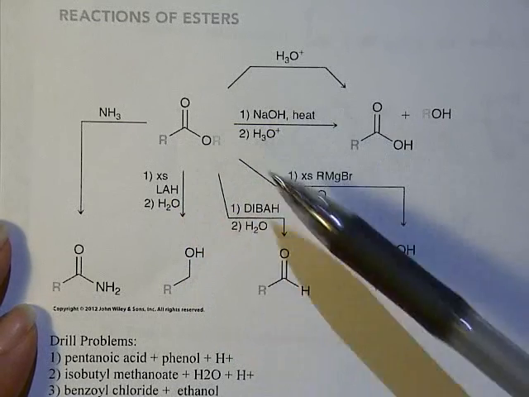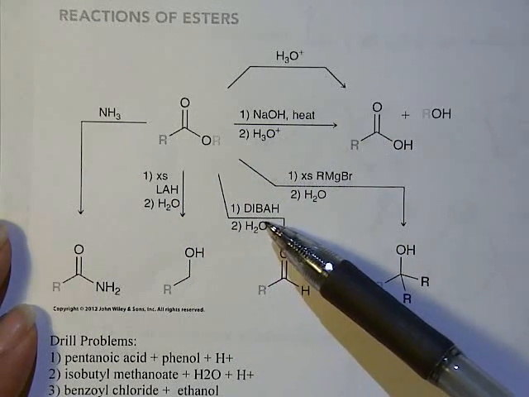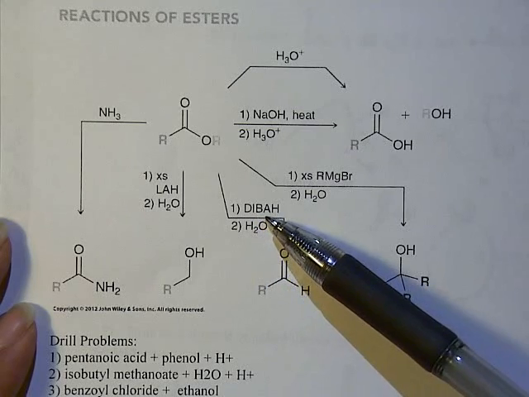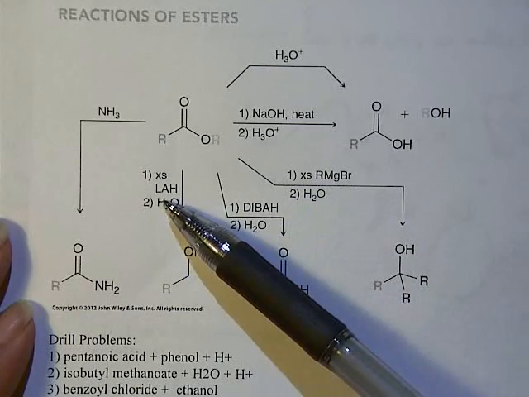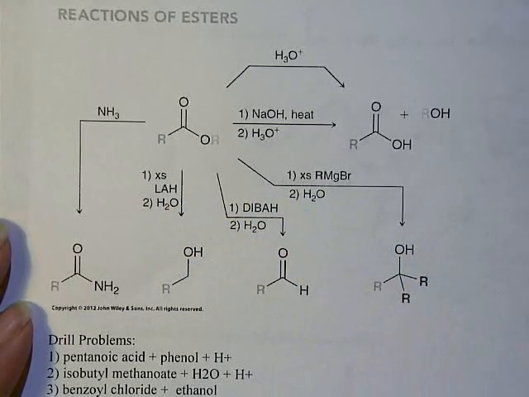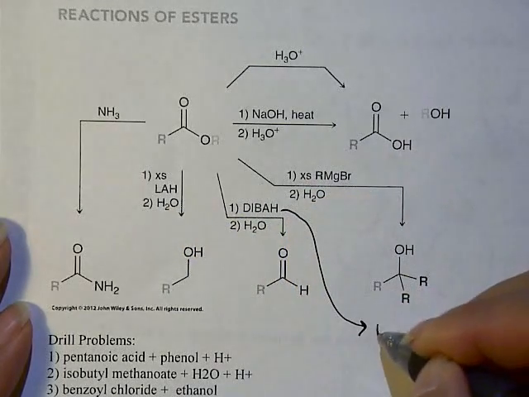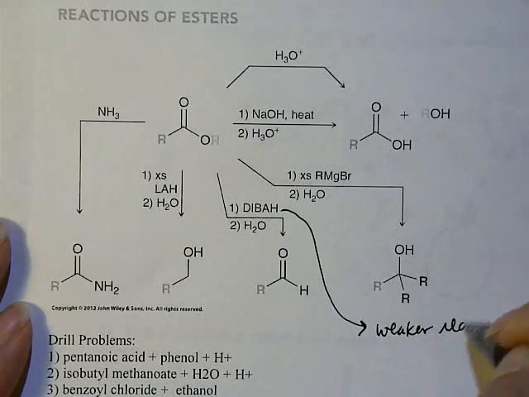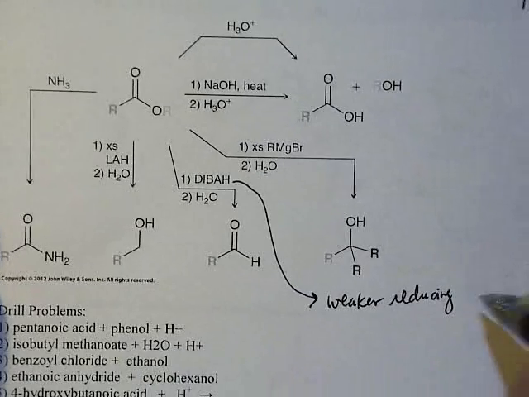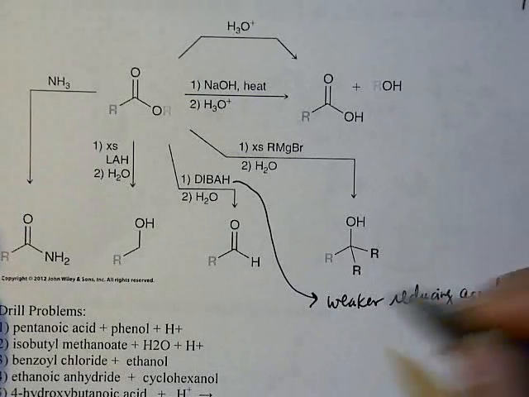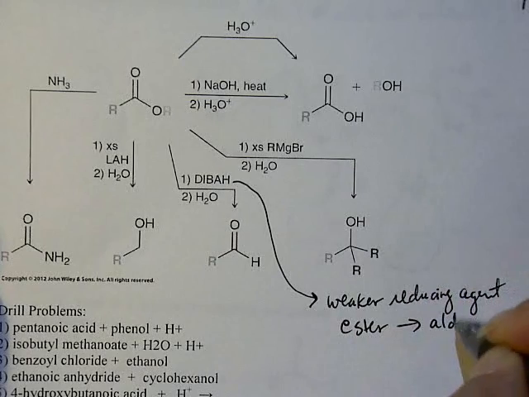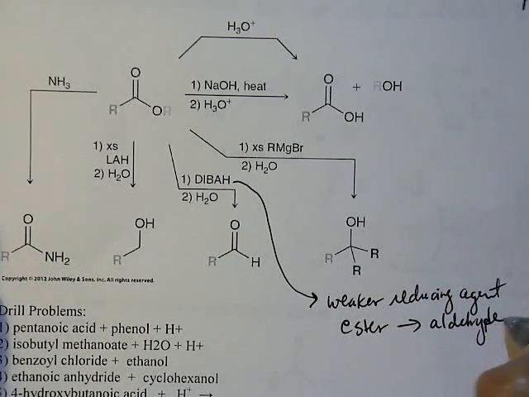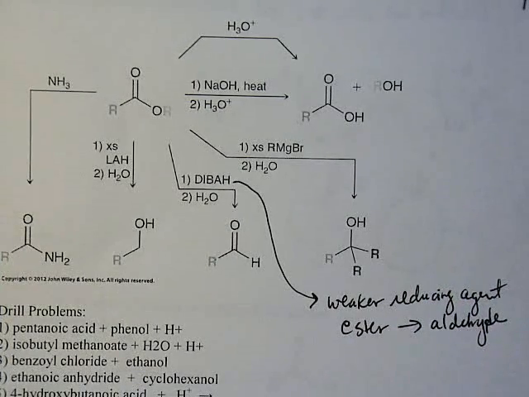The only new thing that you haven't seen is a reagent called DIBAL, which you could think of as a weaker reducing agent compared to lithium aluminum hydride. So what it does is it takes the ester to aldehyde, and it stops there and is not able to reduce the aldehyde to alcohol.